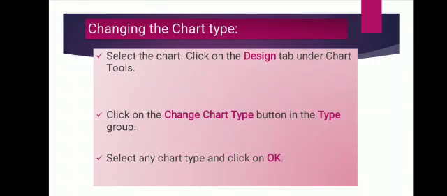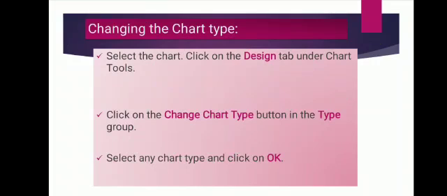Now next is changing the chart type. In this diagram I had selected the column chart. Now if I want to change it, then select the chart, click on the design tab, and like in table, the design tab is present under table tools. So in chart, the design tab is present under chart tools.